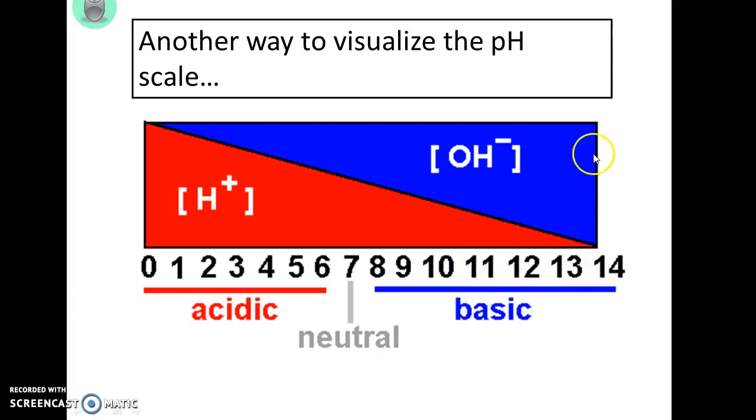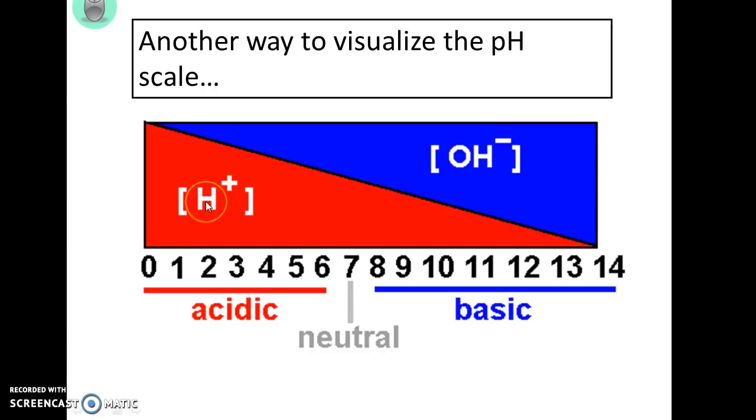And as it goes up, the solution becomes more and more basic. And this scale goes up to 14 on the basic scale. So anything above 7, which is neutral, is basic.